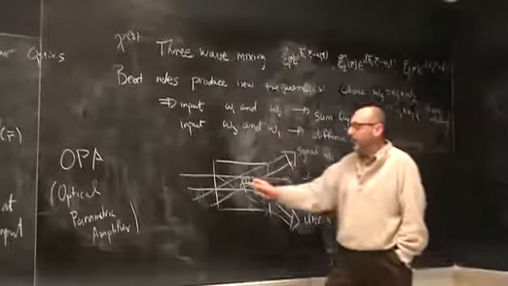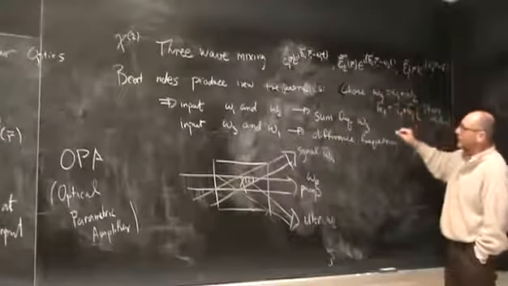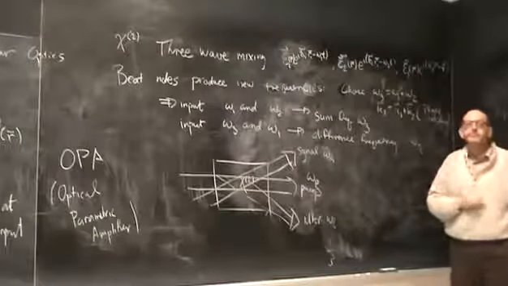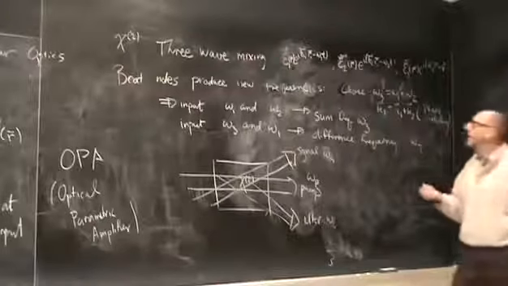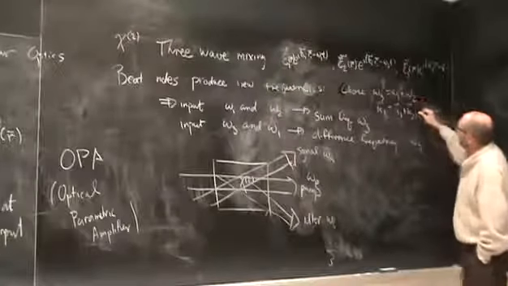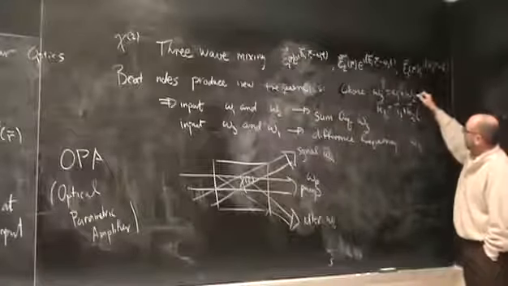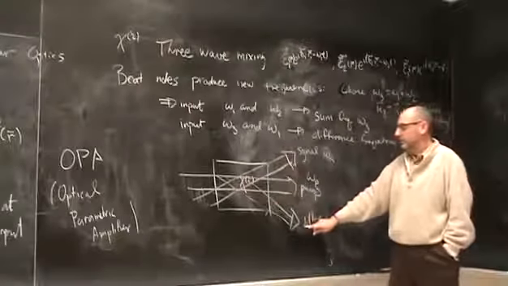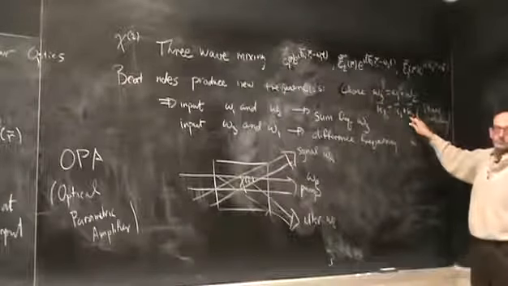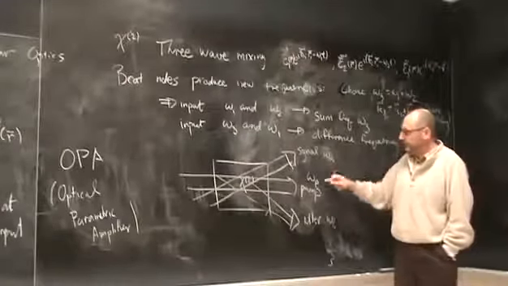Okay? So I inject the pump and the signal, and if I satisfy these conditions where omega 3 is now the pump, omega 1 is the signal, then I will both amplify the signal as well as generate a new wave at the wave vector propagating direction ki, which is the difference between k pump and k signal, and whose frequency is the difference between this and this.